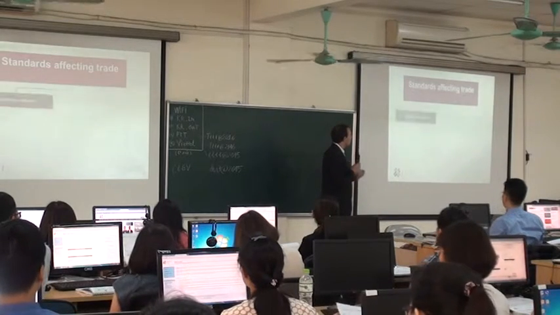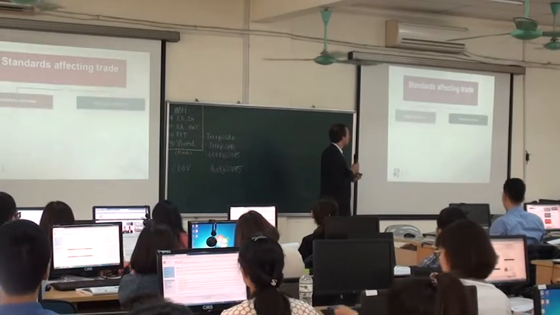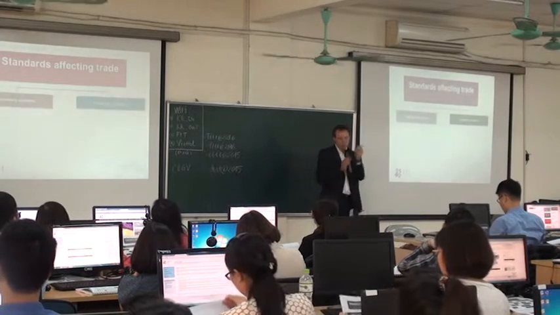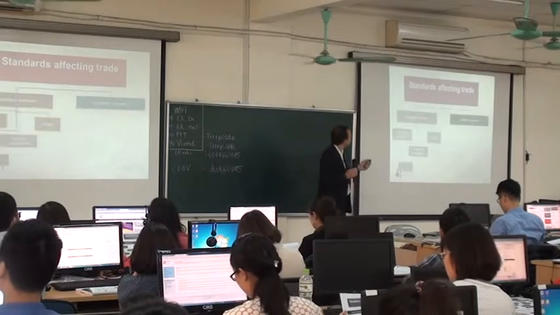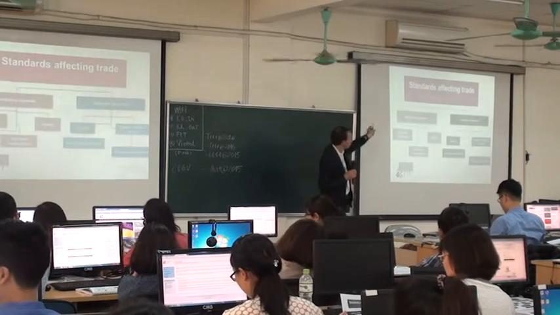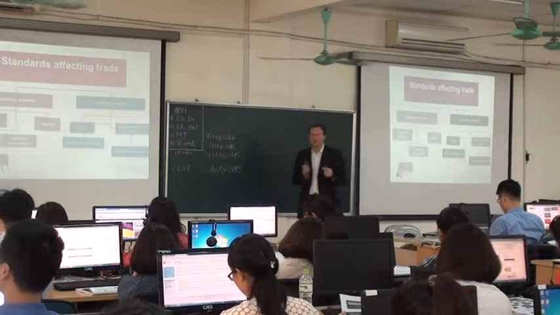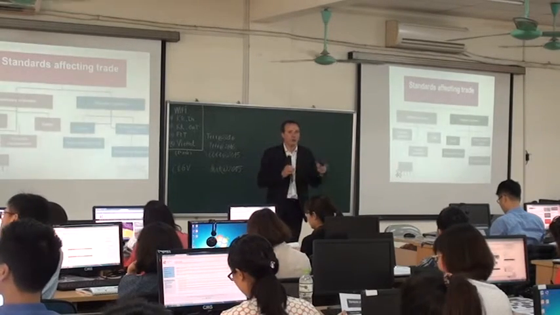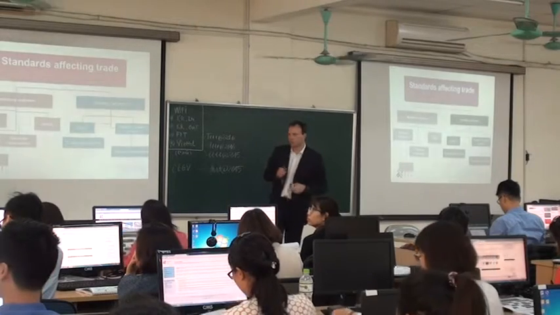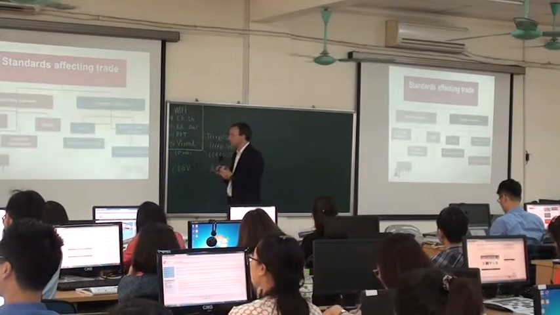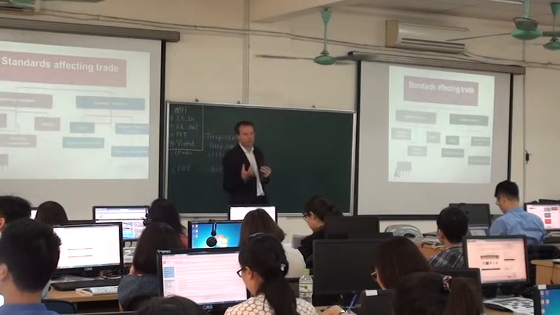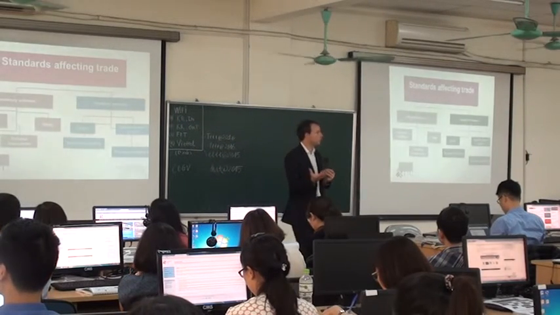And then we have the question about standards. The standards that are affecting trade are of two kinds. Usually we put them into those two categories. You have the mandatory standards, like quality and food safety. If you export food products, it is mandatory that the food is safe, that people don't get sick when they eat, right?